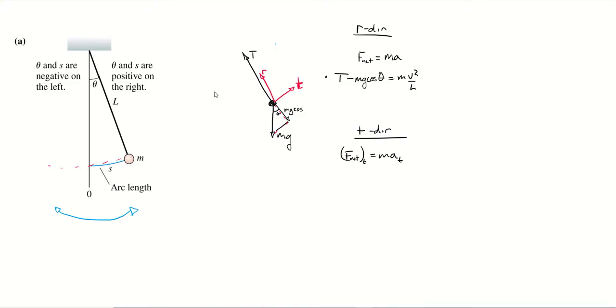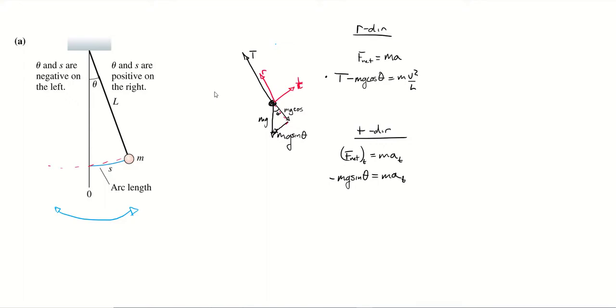All we have is the gravitational component, mg sine theta, that's in the negative t direction. So the net force is negative mg sine of that angle, and it's equal to mass times acceleration in that tangential direction.